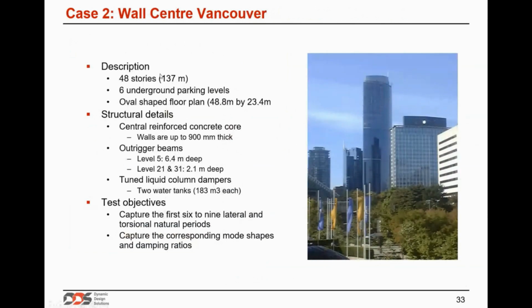A second example is a 48-story building in Vancouver, which was tested by our friends at the University of Vancouver. They were trying to capture the first 6 to 9 lateral and torsional modes of this building and use this model for earthquake engineering applications.